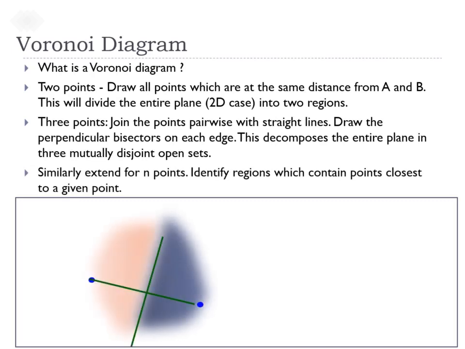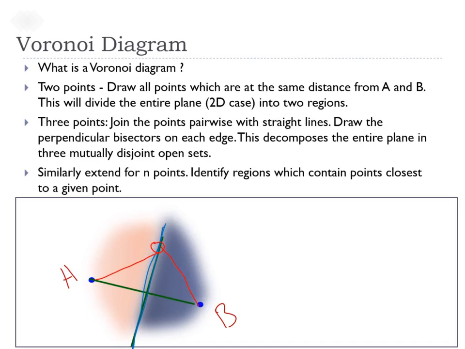So these are 2 points shown here, point A and point B. We join them with the help of a straight line segment and draw a perpendicular bisector on this line, as is shown here. This is the perpendicular bisector, imagine. Then we know that any point which is falling on this line is equidistant from both the points.